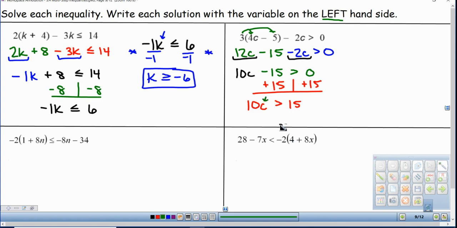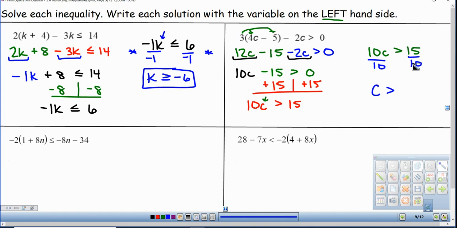And I want to get c by itself, so I'm going to have to divide by 10 to get rid of that multiplication. And don't panic, but we will end up with a fraction here. We're going to get c is greater than, and now 15 over 10 is the answer, but we can reduce that fraction because I recognize that there is a number that goes into both of these, and that number is 5.